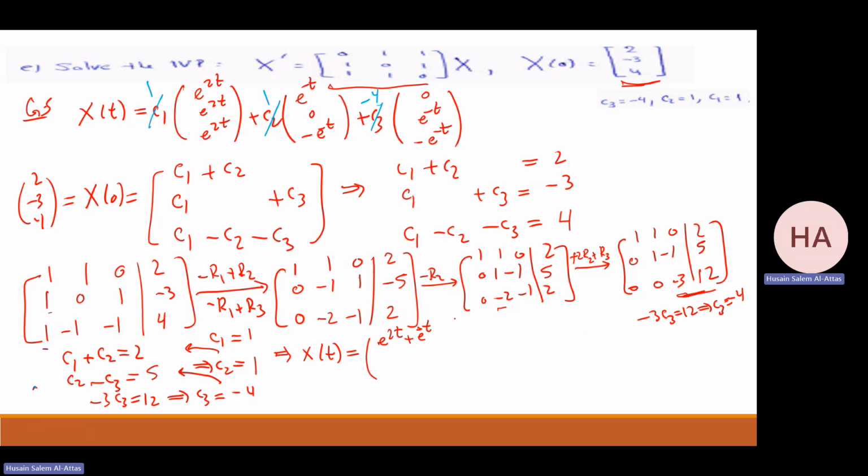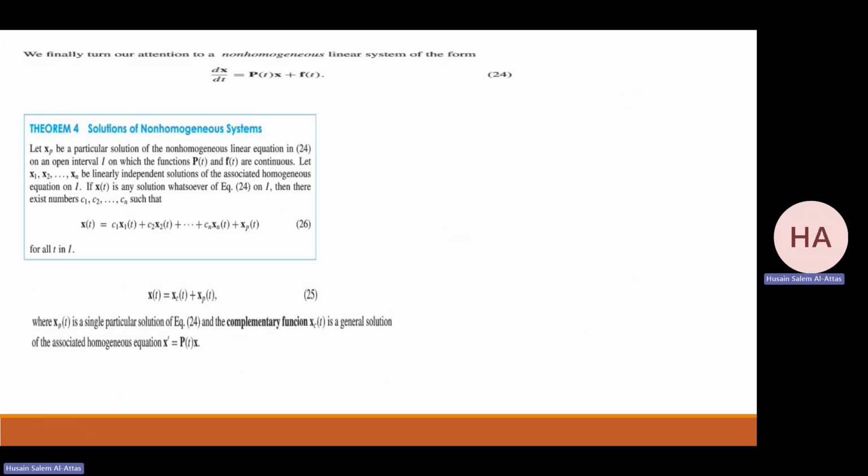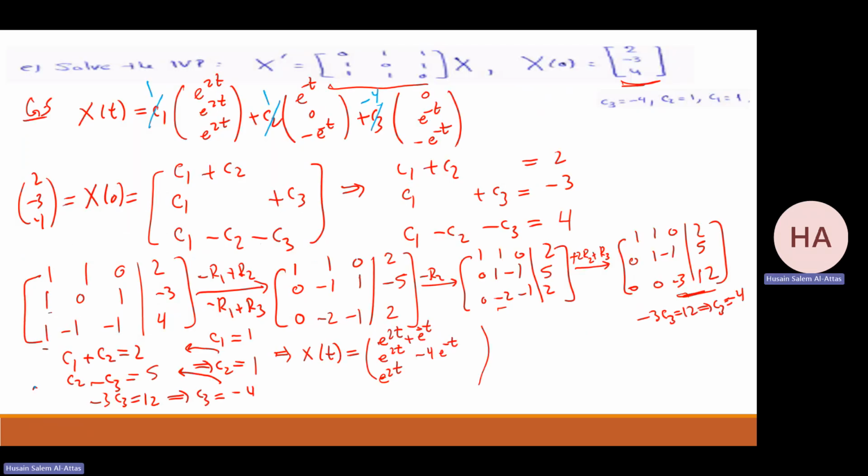And then 0. Second one, I have e^2t. This is 0 minus 4, which is minus e^t. Last one, e^2t. Here I have ones, minus e^t plus 4, which is minus e^t. That means plus 3, minus e^t.